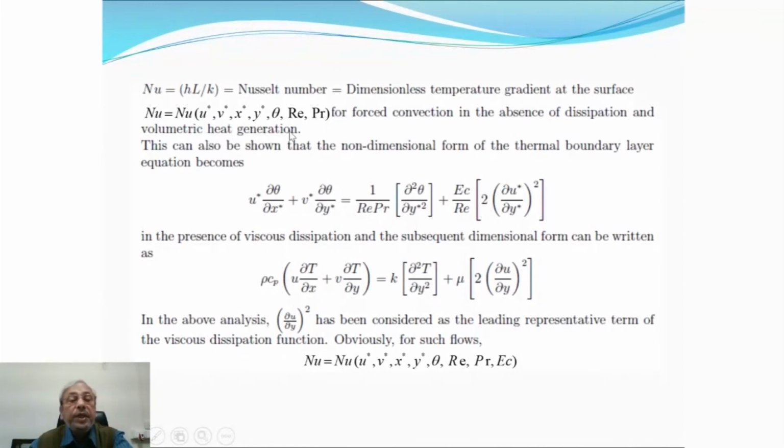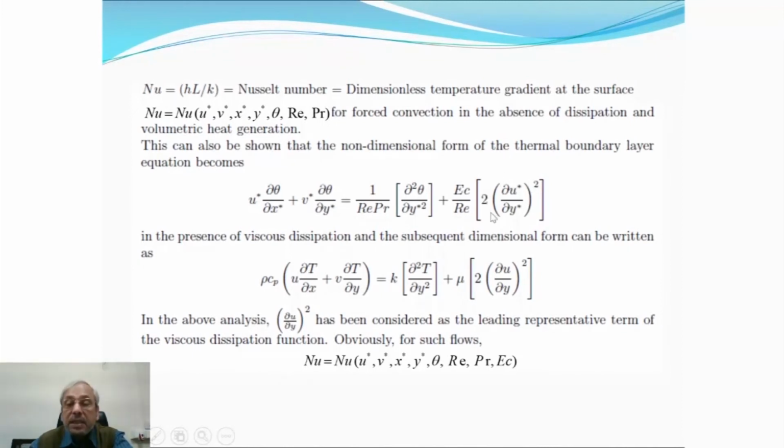and volumetric heat generation. It can also be shown that the non-dimensional form of the thermal boundary layer equation becomes U star del theta del X star plus V star del theta del Y star equal to 1 by Reynolds number into Prandtl number del 2 theta del Y star 2 plus Eckert number by Reynolds number into 2 into del U star del Y star square.